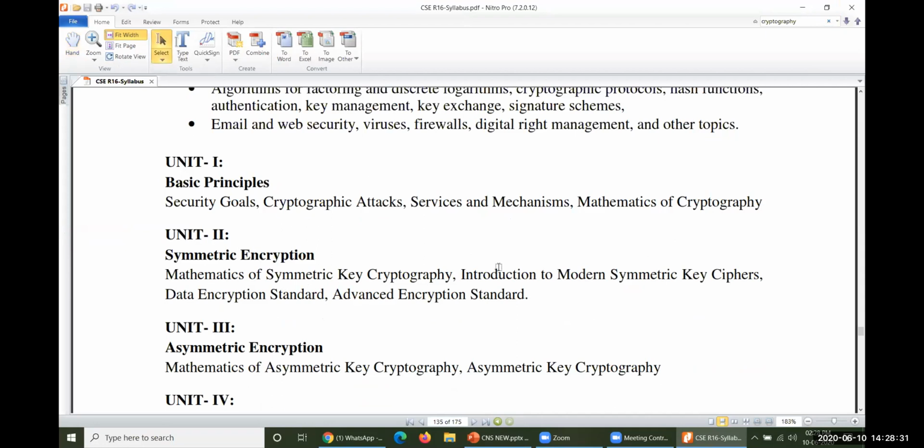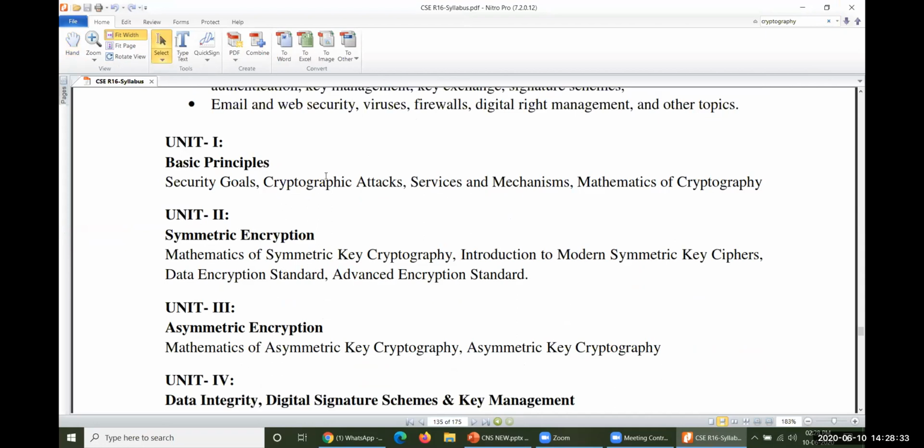So look at this. Introduction to modern symmetric key ciphers. So here also we are supposed to introduce some mathematics. It is not directly mathematics.